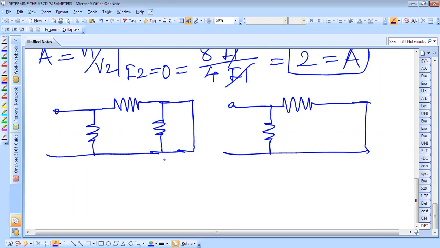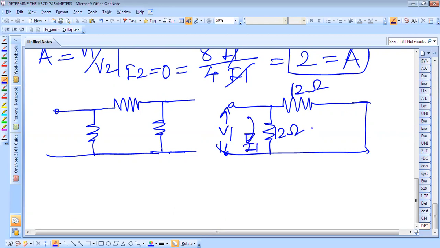Now this is your original circuit. Now here we are short. So here V1, this is 12 ohm, this is 12 ohm, here I1 is flowing, and here I3 is flowing.